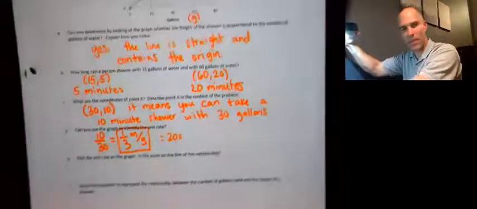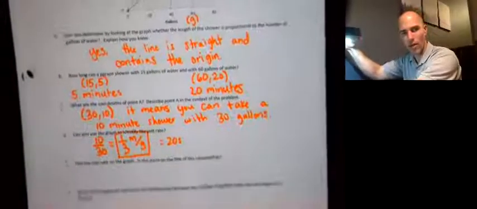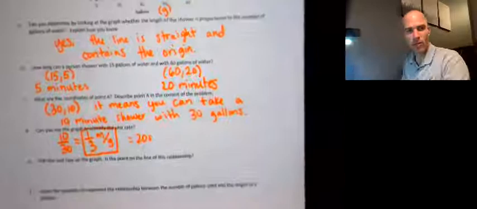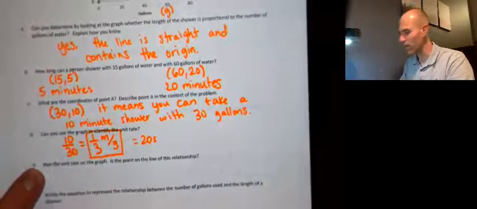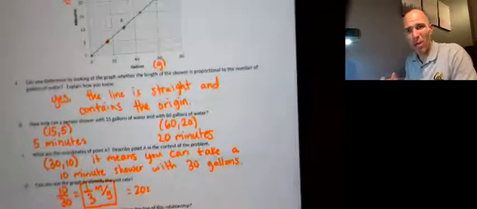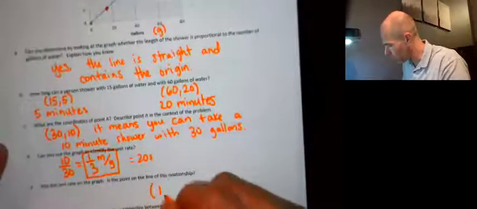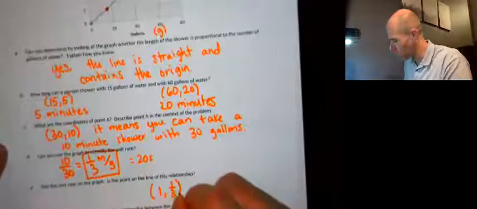So the next thing says, plot the unit rate right here. Plot the unit rate on the graph. Is the point on the line of the relationship? It's kind of hard to plot exactly this point. This point is going to be 1, 1/3.